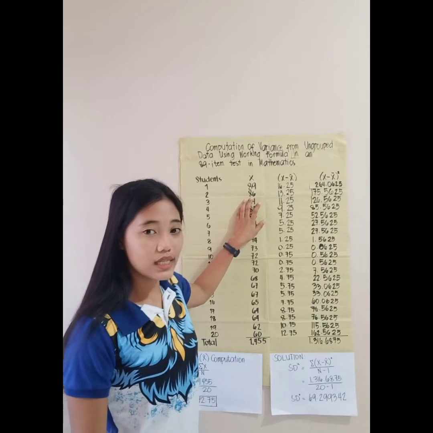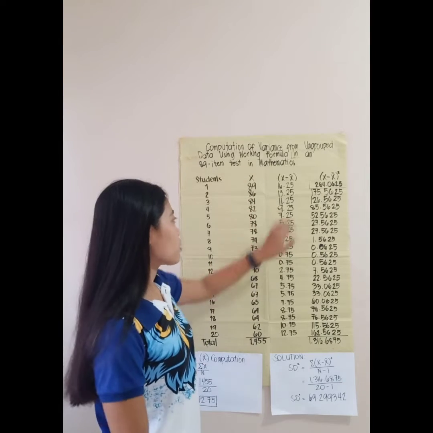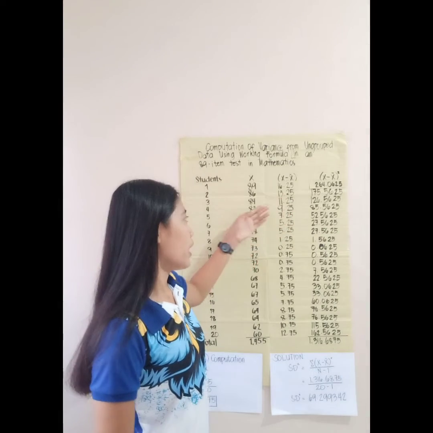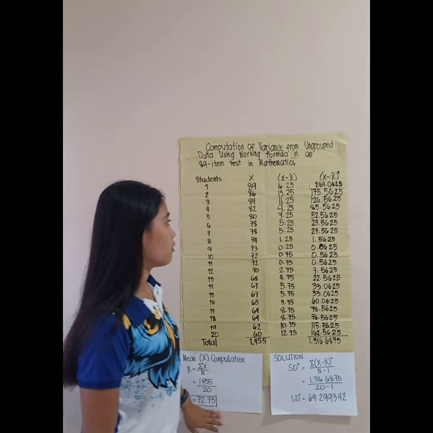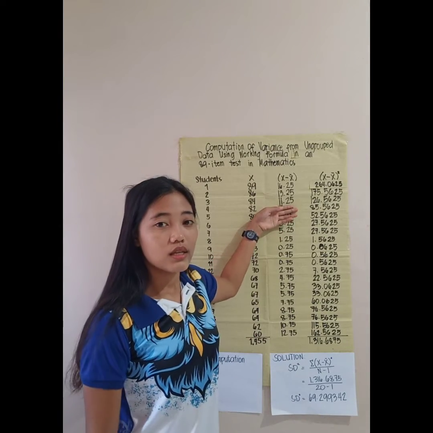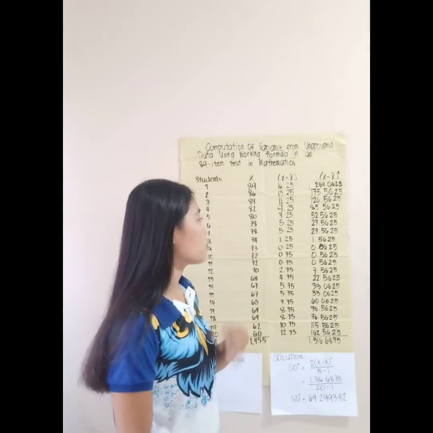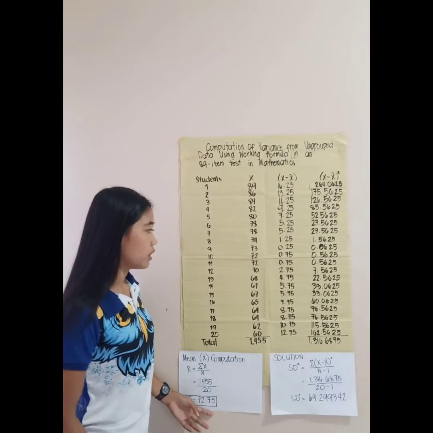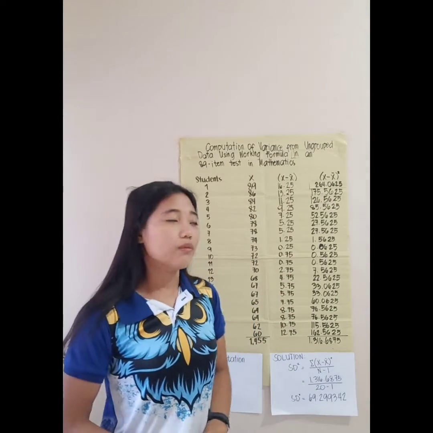Next, 86 minus 72.75, the result is 13.25. Next, 84 minus 72.75, the result is 11.25, and so on and so forth. Just repeat the process. Subtract the mean from the scores to get the value of x minus mean.